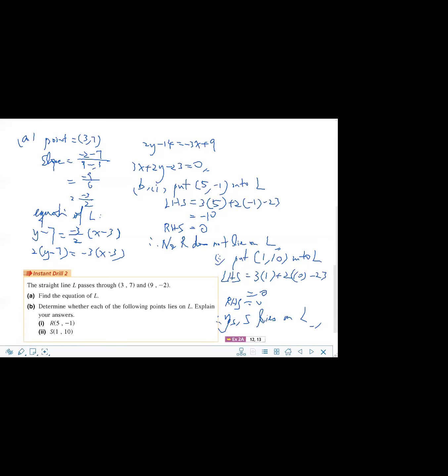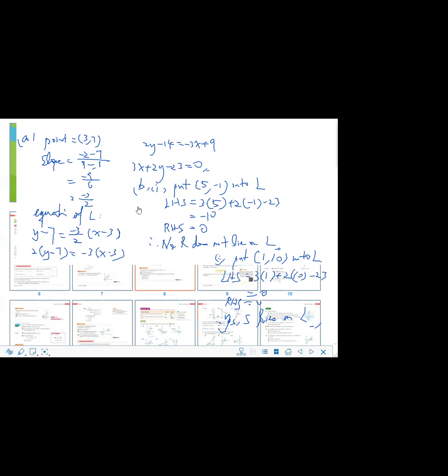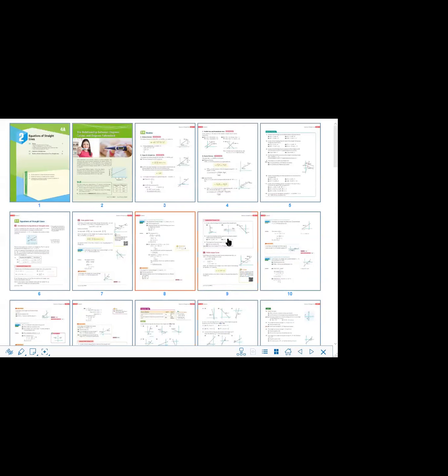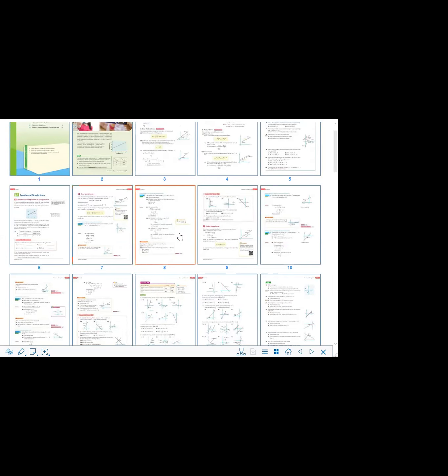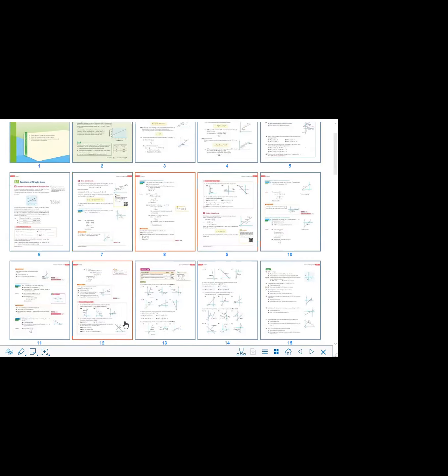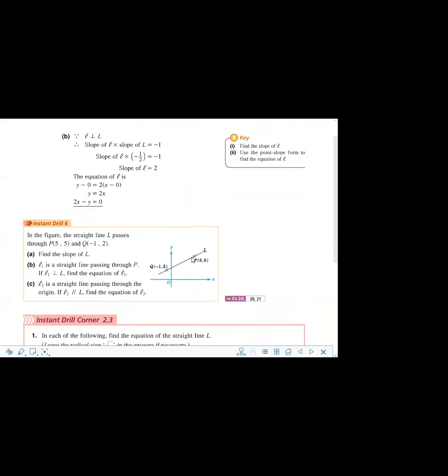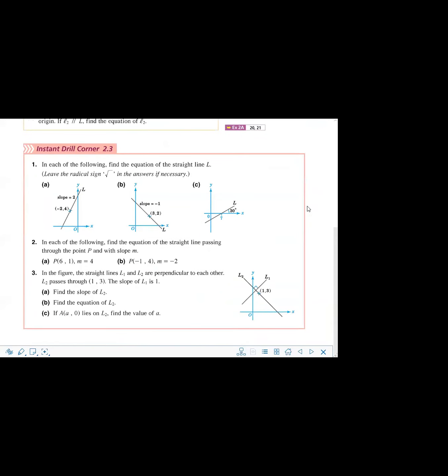So the next one is the instant drill corner. So I would like you to do the instant drill corner 2.3, question number 3.